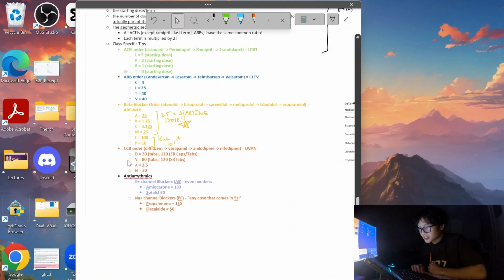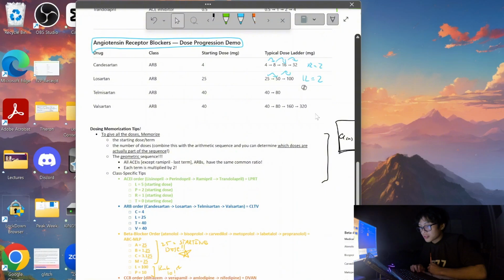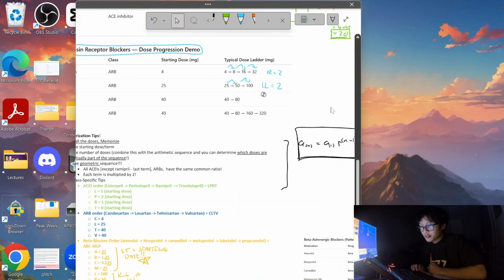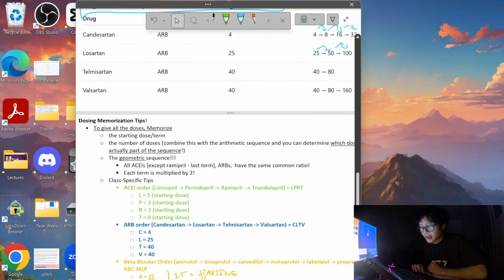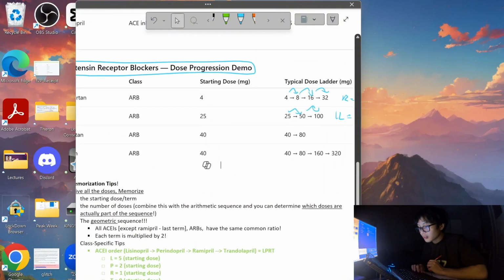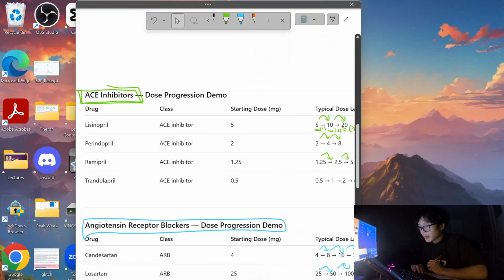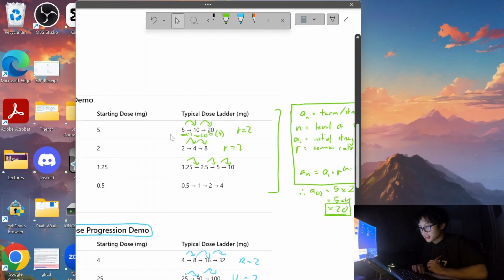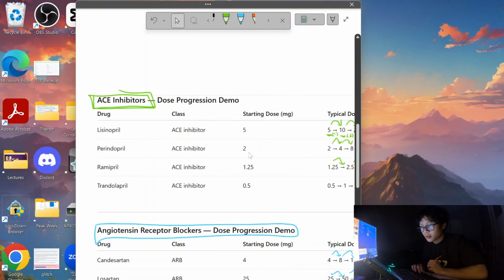Some other memorization tips I have. When you need to remember the exact starting dose, for example, for ACE inhibitors, I associated the first letter of each ACE inhibitor with the starting dose. So lisinopril, the starting dose is 5. Perindopril is 2.